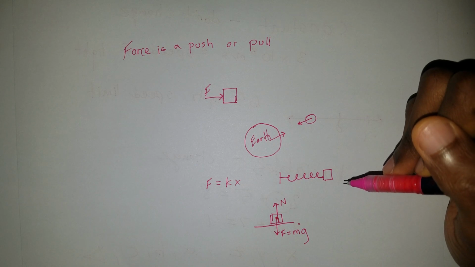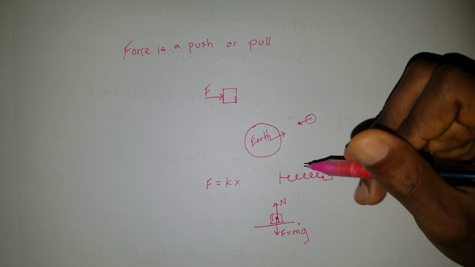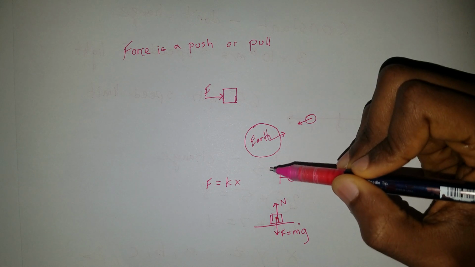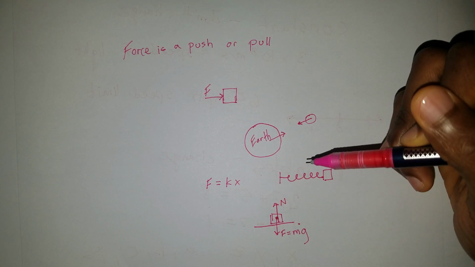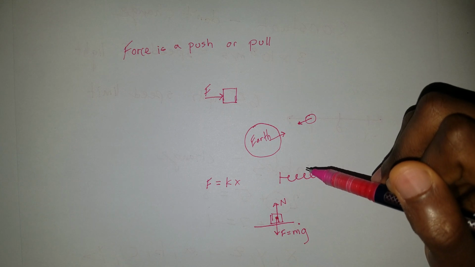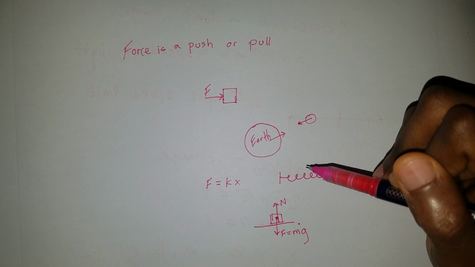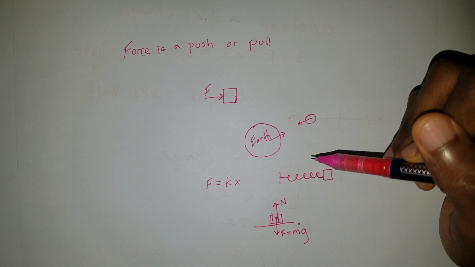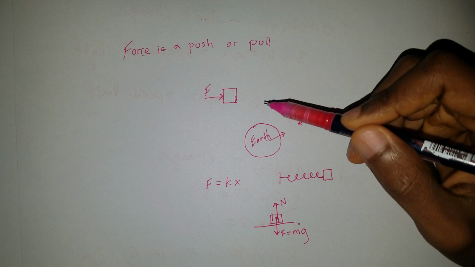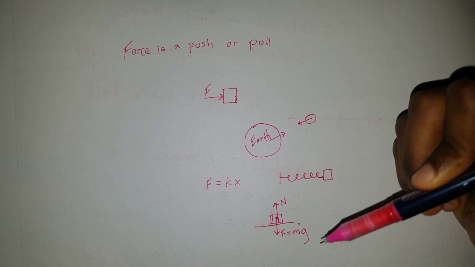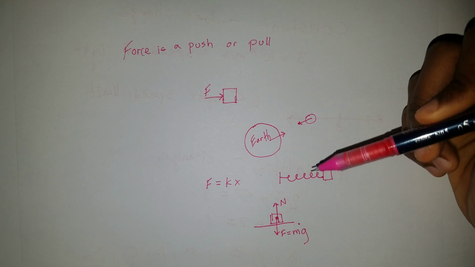And in general, I've drawn these boxes here, and these boxes are called free body diagrams. Free body diagrams are simply used to express forces on an object. As you see here, in each case, there's one object because we've isolated that object to look at it further.